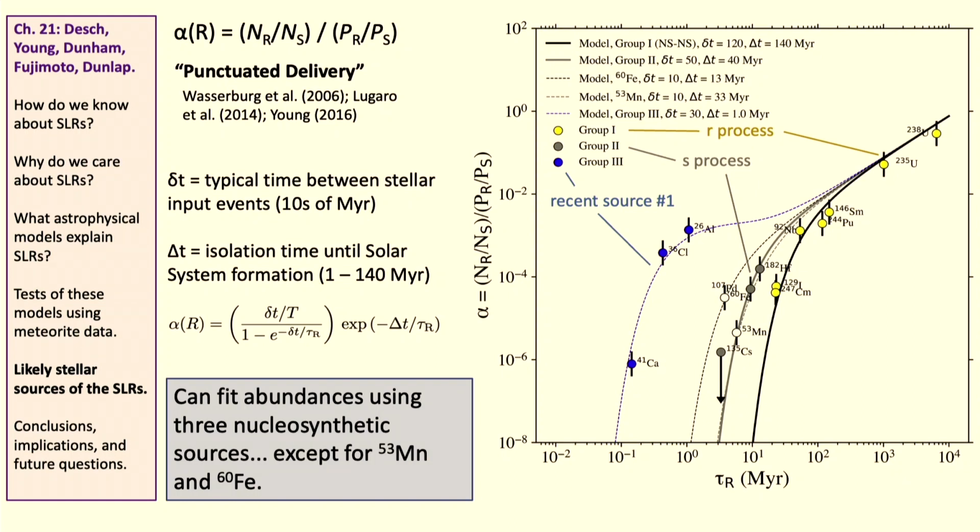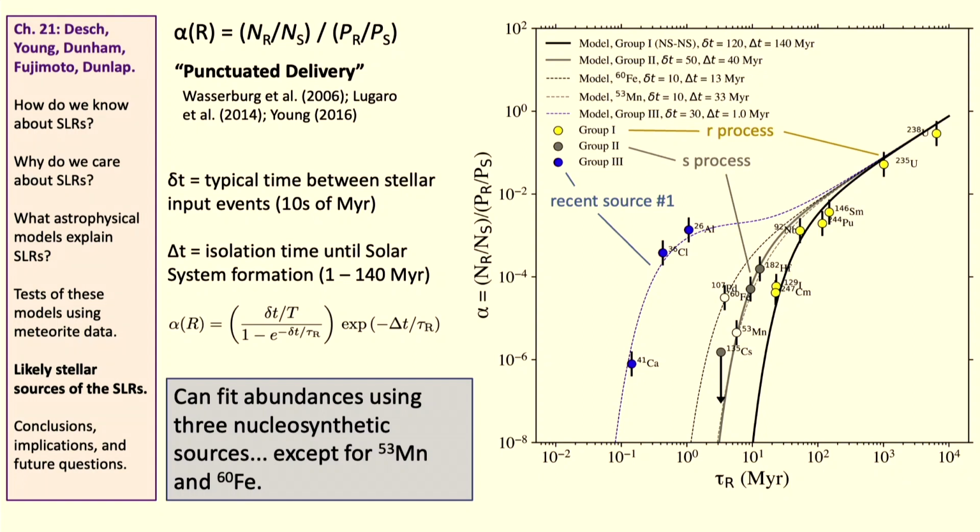And each type of event might be spaced delta T apart, and then after that event, you wait to form the solar system, this other delta T. And what these models need to predict is this ratio, the actual ratio, like aluminum-26 to 27, versus the production ratio that the stellar model would predict.